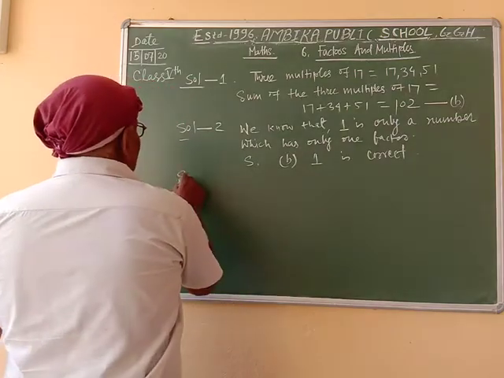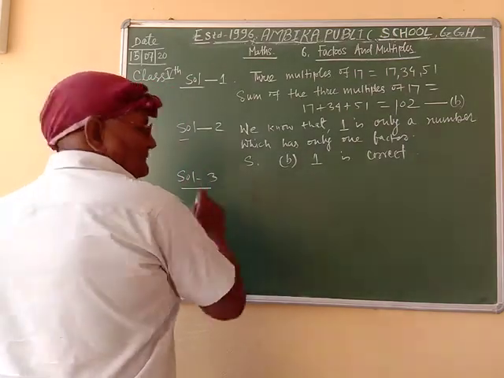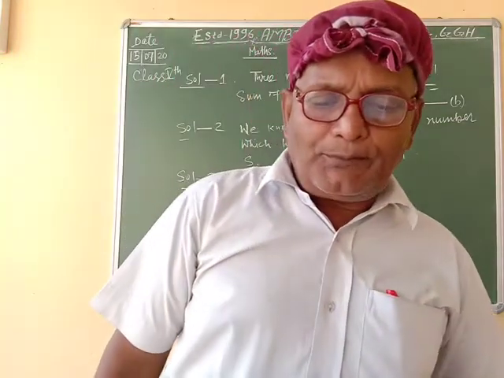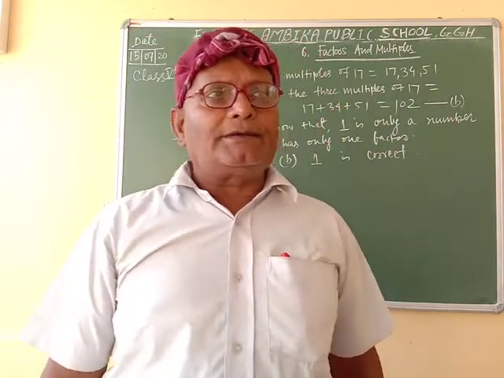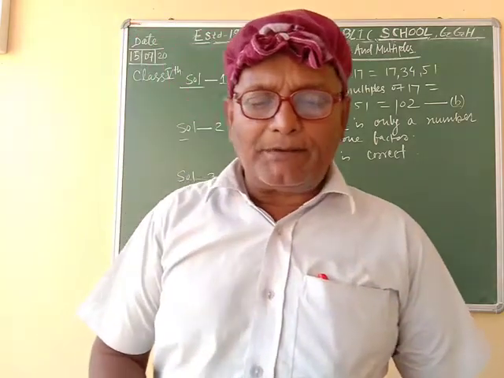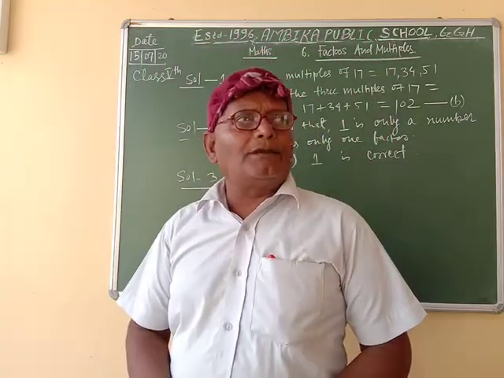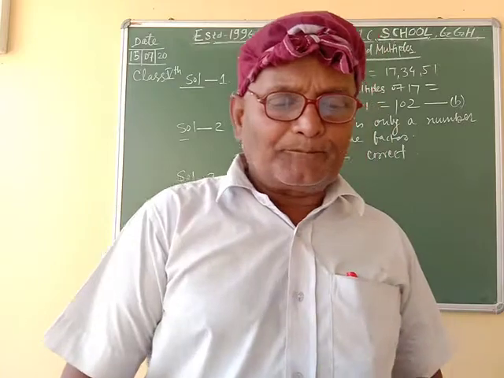Question number 3. Which of the following numbers is not divisible by 3? We know that a number is divisible by 3 if the sum of its digits is divisible by 3.